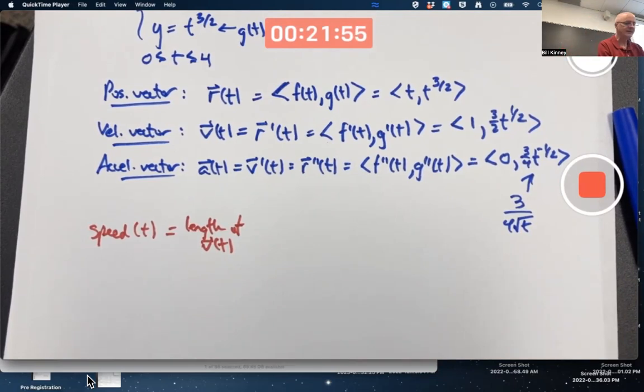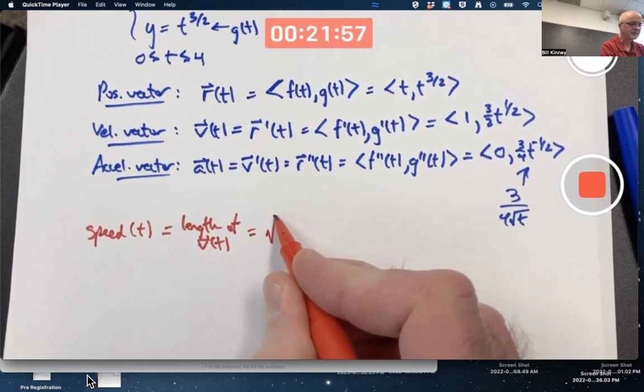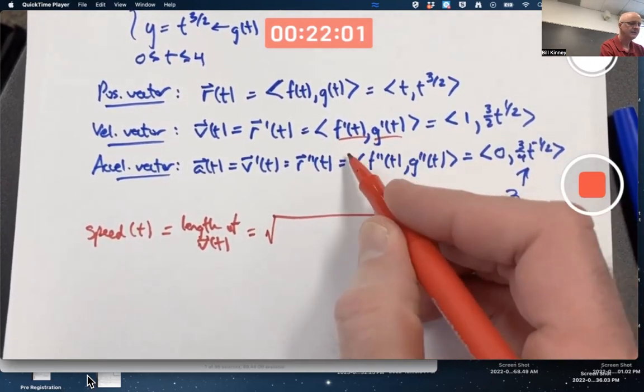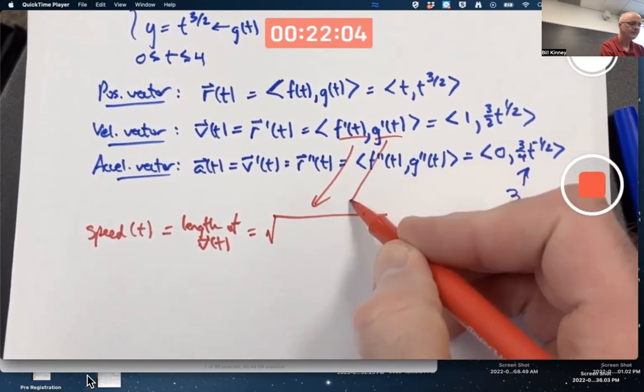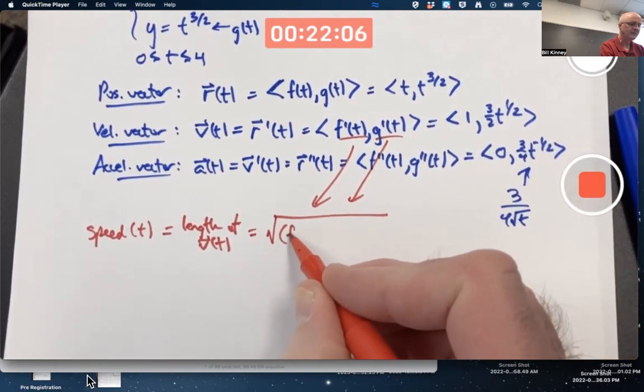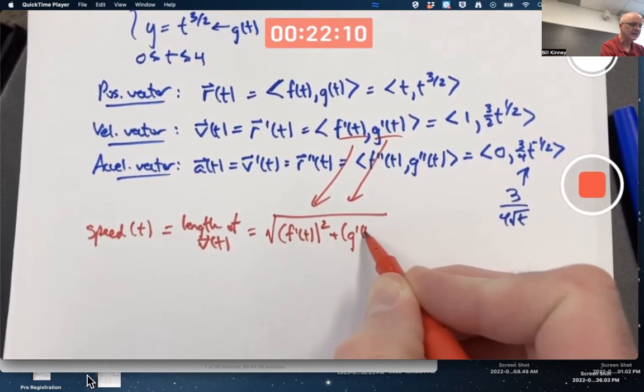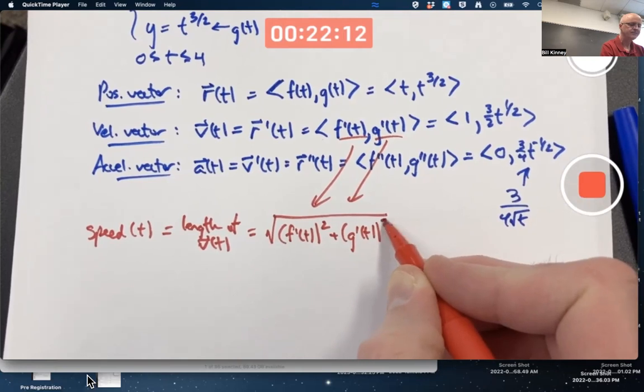Essentially, by the Pythagorean theorem, it's the square root of the sum of the squares of the components of the velocity vector. Square root of f prime of t quantity squared plus g prime of t quantity squared.